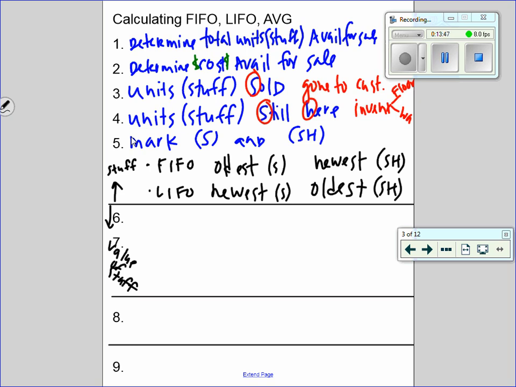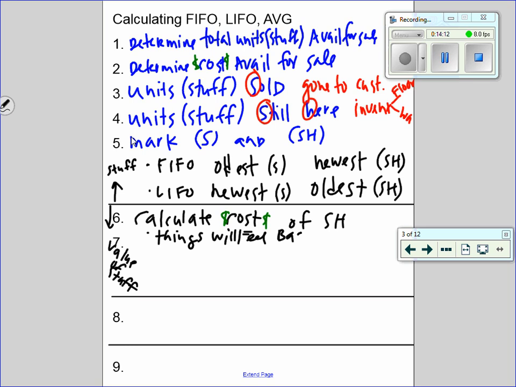So number 6, we're going to calculate the cost first of shush. This is where things feel backwards, and I'd maybe put that here. Things will feel backwards.